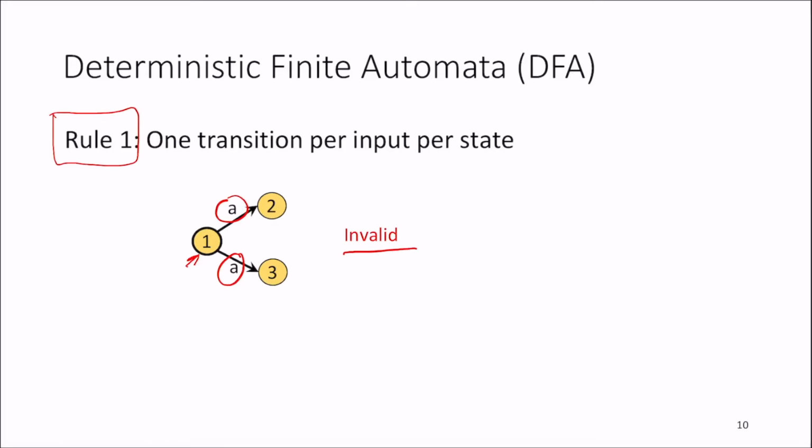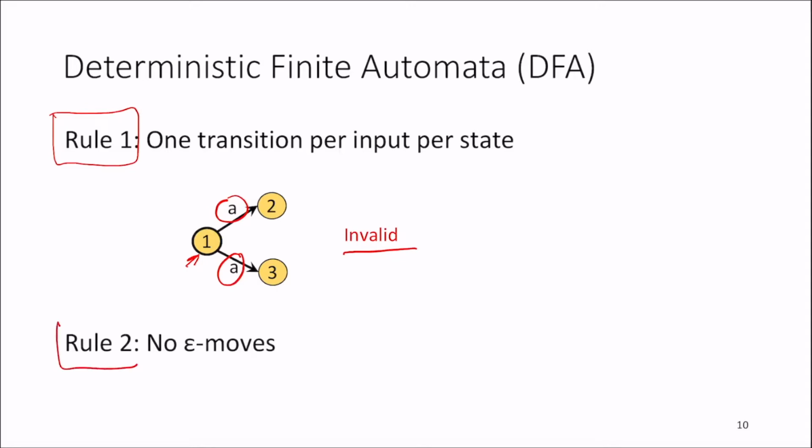And you can see why. If you're at state 1, I want to know exactly one state I need to go to on an input symbol. If I have a choice between two different ones, then I basically have to say, I don't know which one. It's either 2 or 3, and I should try both. So that's not deterministic. Hence, it's not allowed in a deterministic finite state automaton.